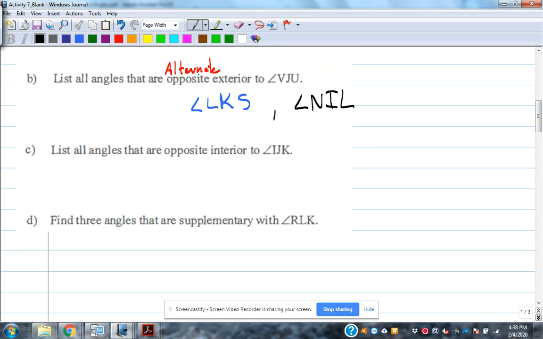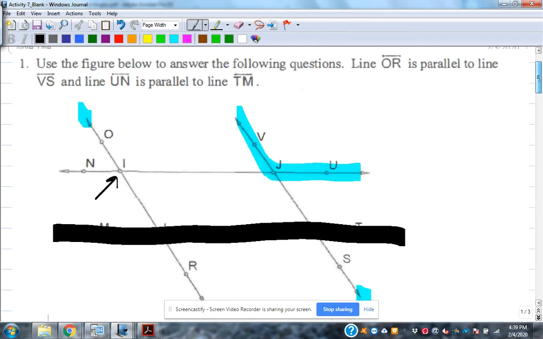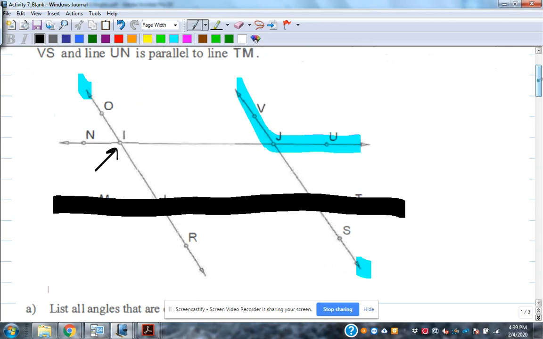All right. No, because that line doesn't exist anymore. Because we can only have one transversal in a set of parallel lines and have those angle relationships exist.